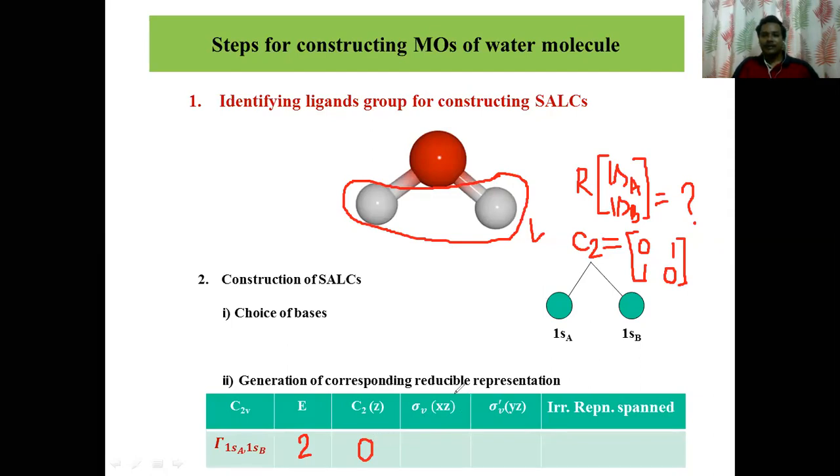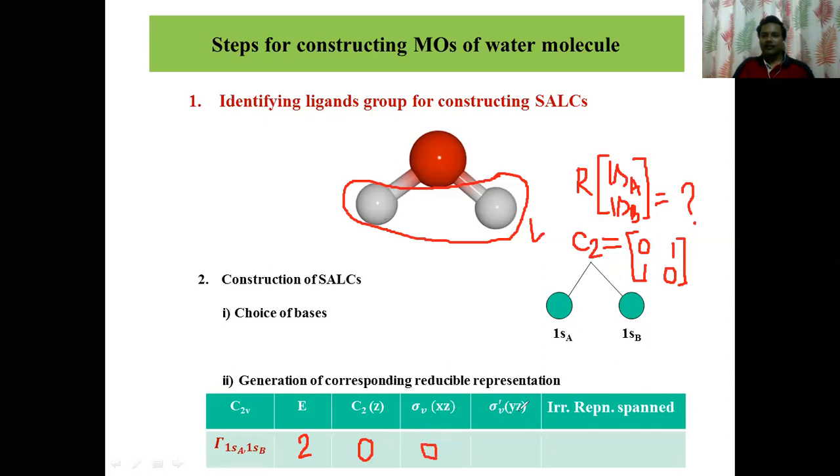Okay. Now exactly in the same notion, if I go for sigma v, sigma v is going to be again sigma v xz, right? So xz plane is this one, right? So if I go for this, then again 1s A goes to 1s B, 1s B comes to 1s A. So the matrix is going to be similar for sigma v xz also, right? So therefore this is going to be 0 again.